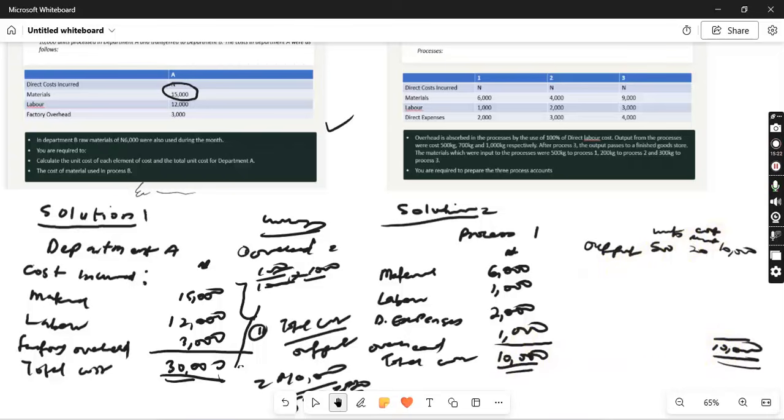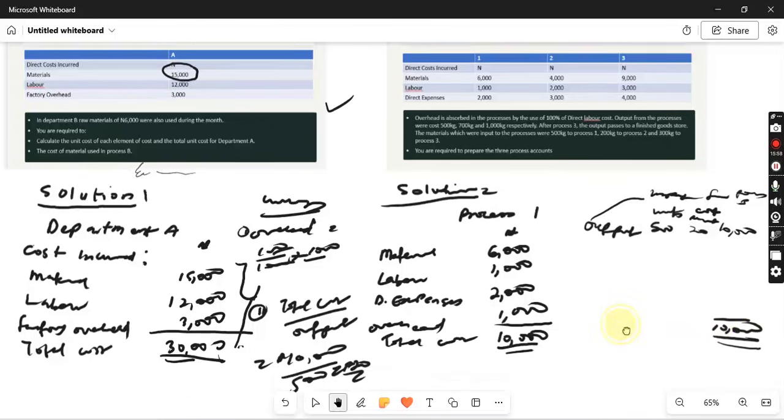It means that we are going to transfer this output, and it will become the input for process B. So let us go ahead now and solve for process B.